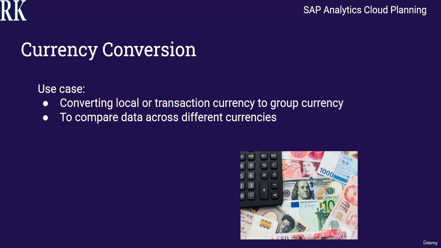We can't compare 1000 Australian dollars to 1000 New Zealand dollars. They're not equal. So we need to translate into a common currency, could be US dollars. So this enables accurate cross-region comparisons, like checking whether Australia or New Zealand contributed more to group sales in the same reporting period.